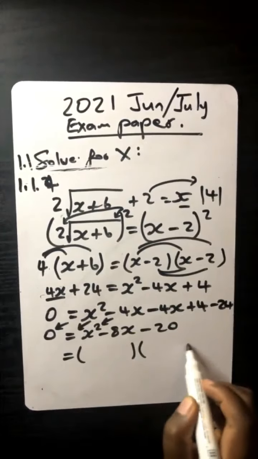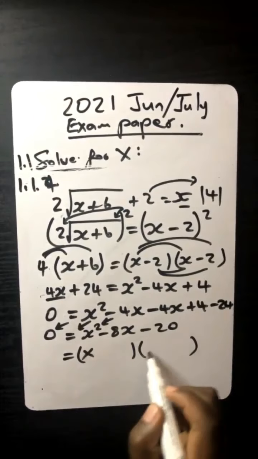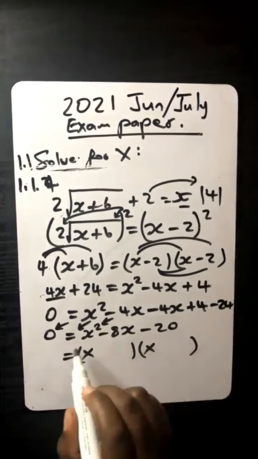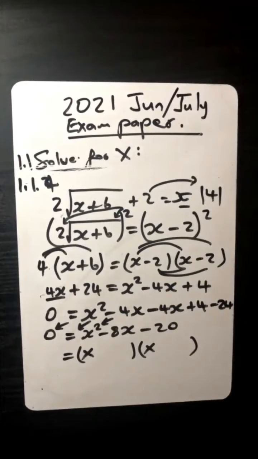Then you can factorize. I'm not sure what values we are getting, guys, when we factorize that. Which two numbers when multiplied together will give us 20, and again when we work them out, will give us 8? What is it?